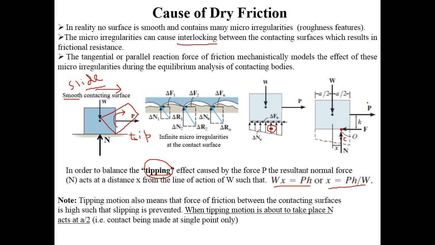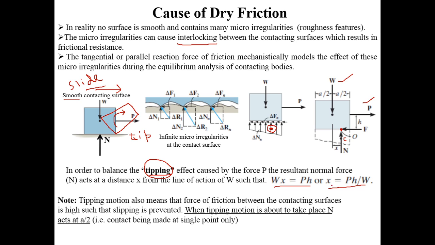So normally you know the value of the applied force, you know the weight, and you know the location of the applied force, and you can estimate X. Now, once you get the value of X, you can decide whether this applied force will cause sliding of the object or tipping of the object.